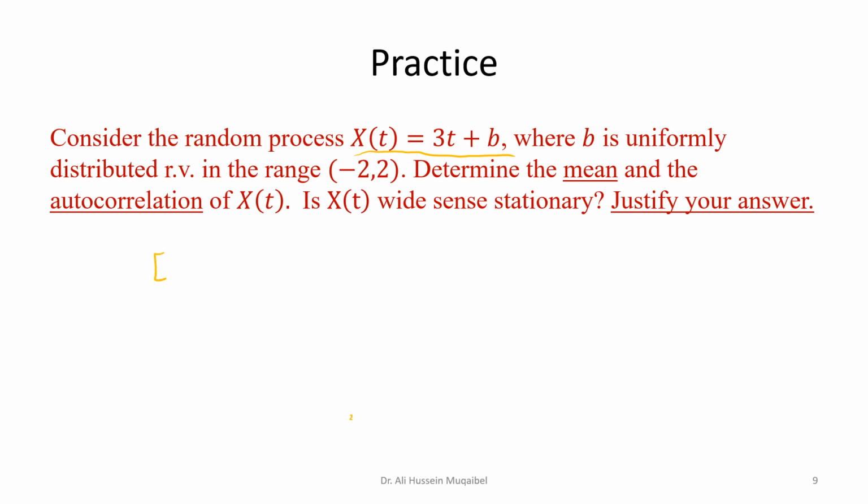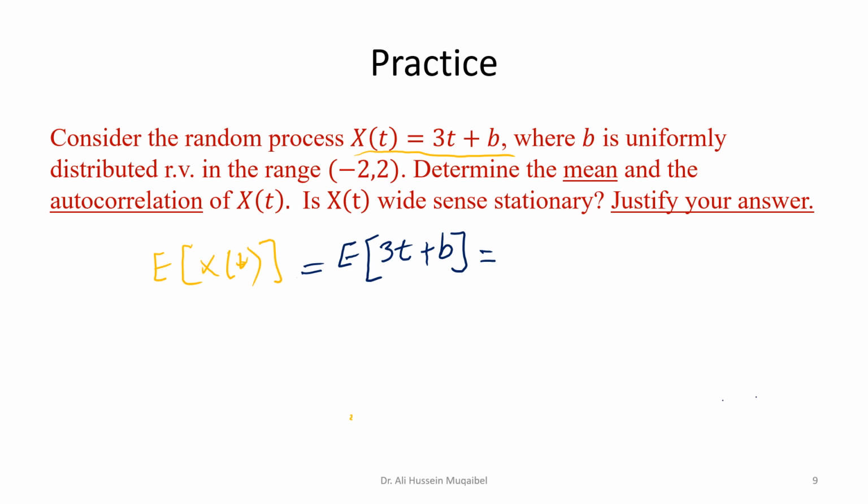The mean is the expected value of x of t, which equals the expected value of 3t plus b. Okay, so now what's the expected value of b? It's a random variable. It's uniformly distributed between -2 and 2. We can tell clearly it's 0.